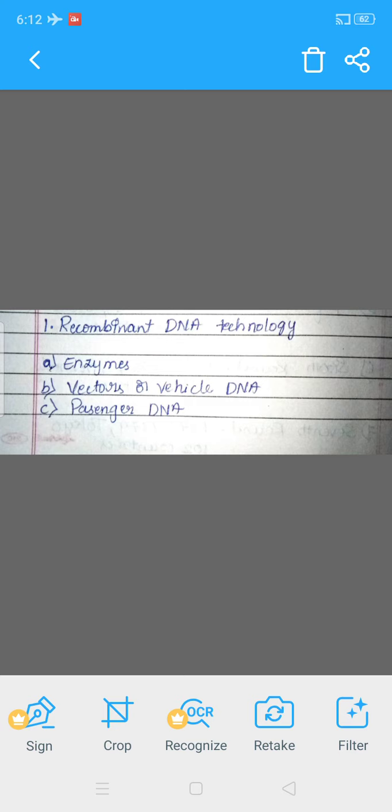Tools used in synthesis of recombinant DNA. There are: first one, enzyme; second one, vector or vehicle DNA; and third one, passenger DNA. First one, enzyme. This includes lysing enzyme, that is lysozyme.